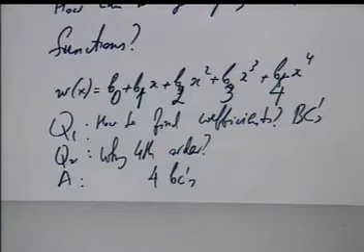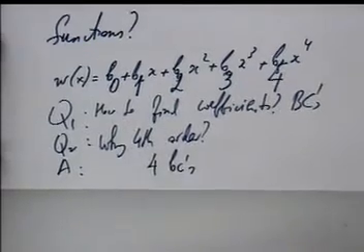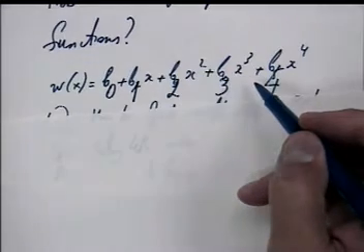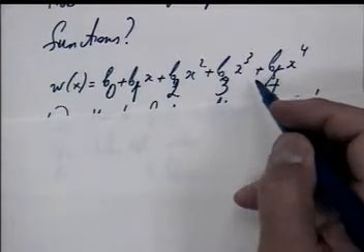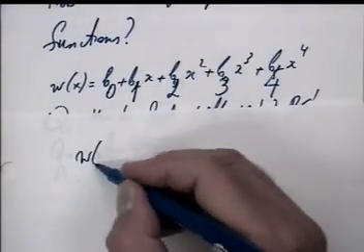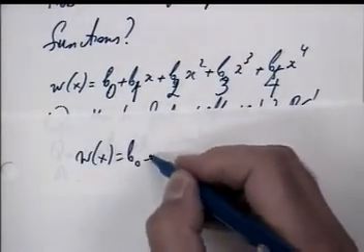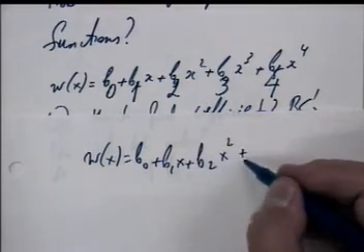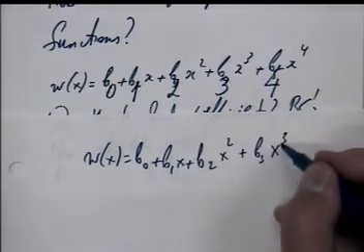Okay, let us see, maybe we start with third order, because the fourth order coefficient system has 5 coefficients. So okay, maybe we will start with W of x equals b0 plus b1x plus b2x squared plus b3x cubed.